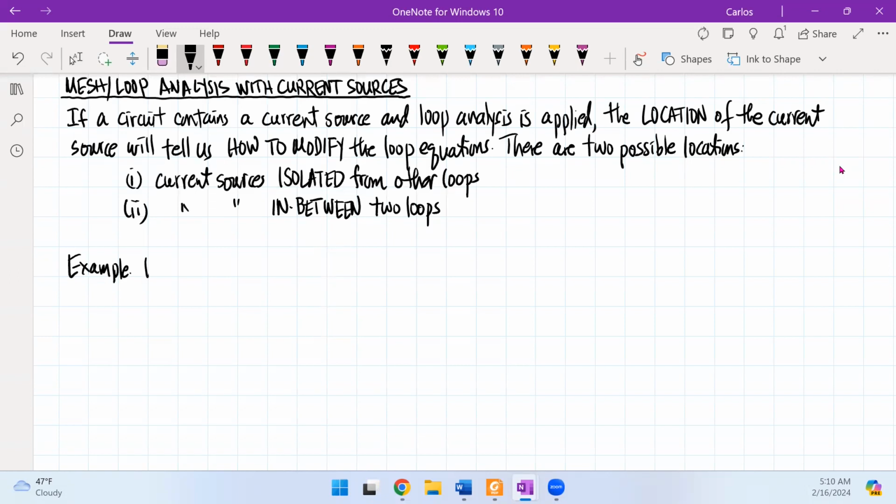In this example circuit, we want to determine the loop currents. So let's do this here. I'm going to have a current source with a series of resistors.